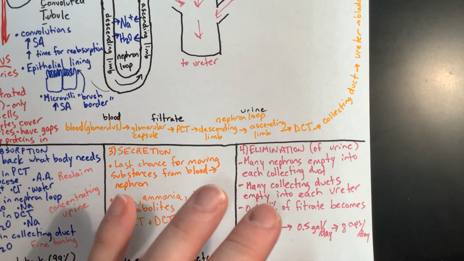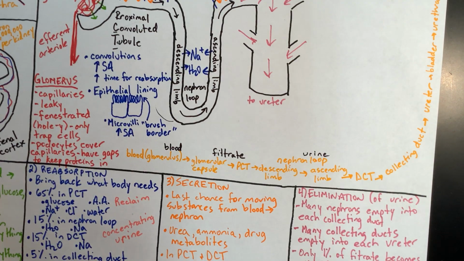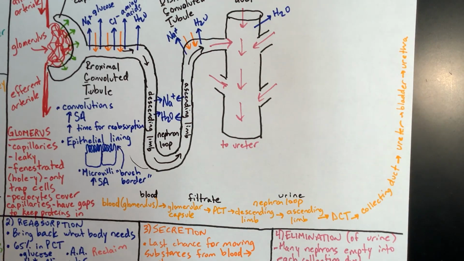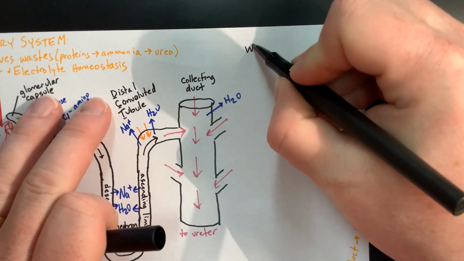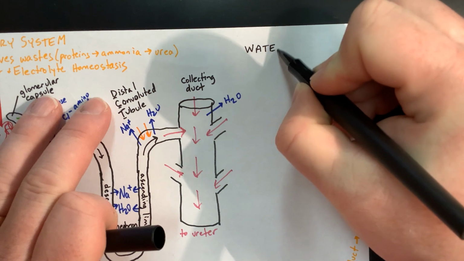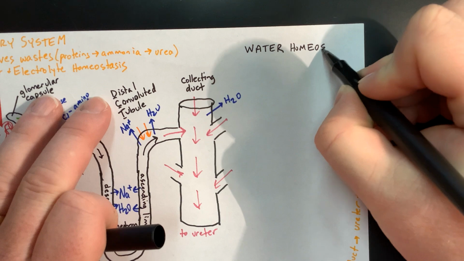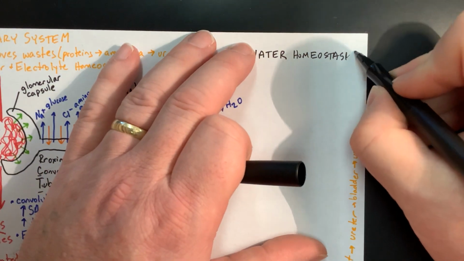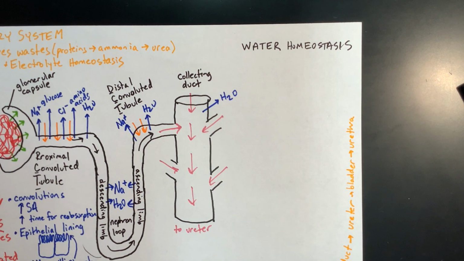All right, the very last thing that I want to talk about is water homeostasis. So let's put a little title up here. For water homeostasis. And we're going to use our favorite little organizer here for how this works.